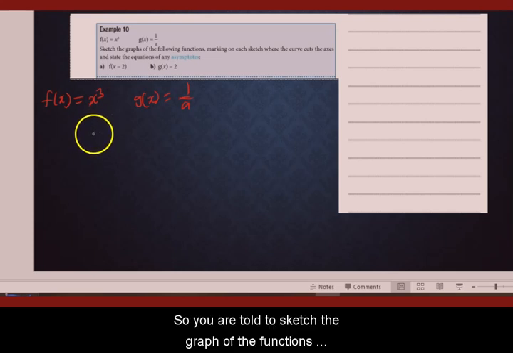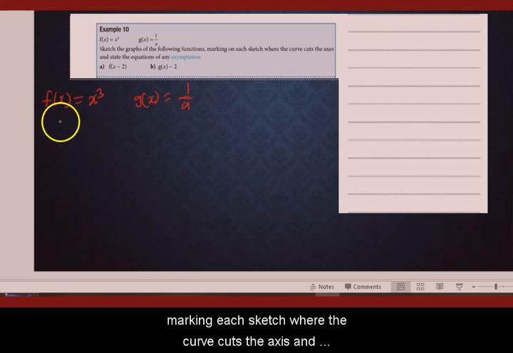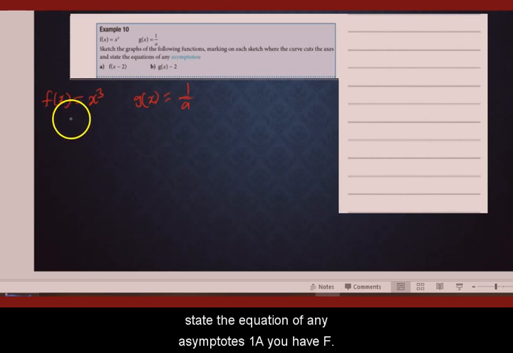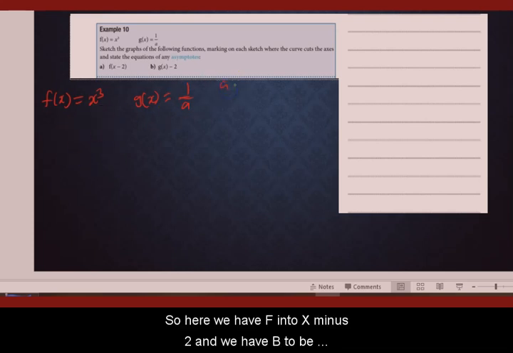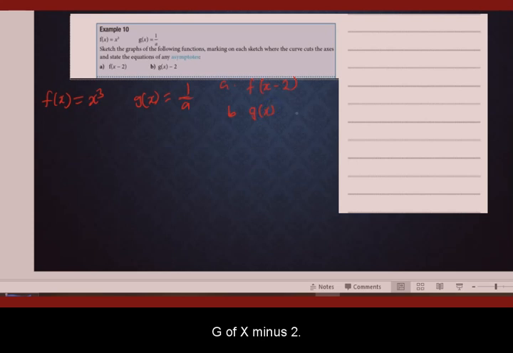You are told to sketch the graph of the functions, marking on each sketch where the curve cuts the axes, and state the equation of any asymptotes. 1a, you have f(x - 2), and b is g(x) - 2.